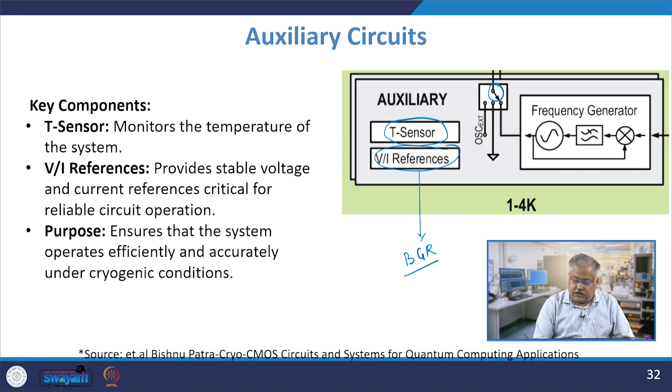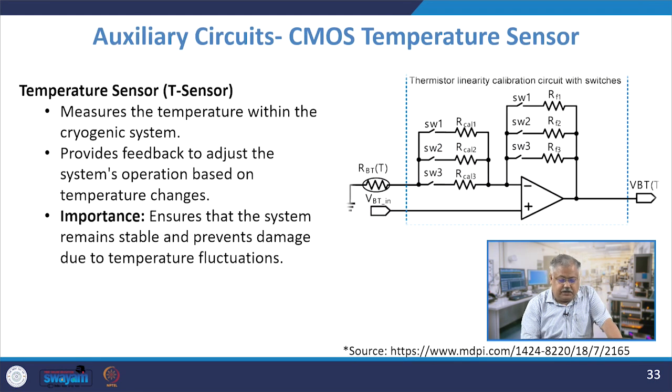When it is attached to this, a frequency generator comes into the picture. When it is attached to the second one, it goes to ground, and when it is the first one, you have an oscillation circuit available, and you require a stable oscillator being generated in the auxiliary circuit. Okay. So, let me come to the temperature sensor now one by one.